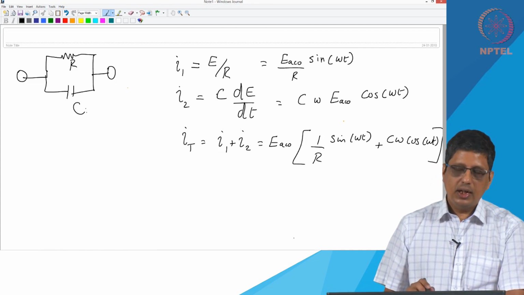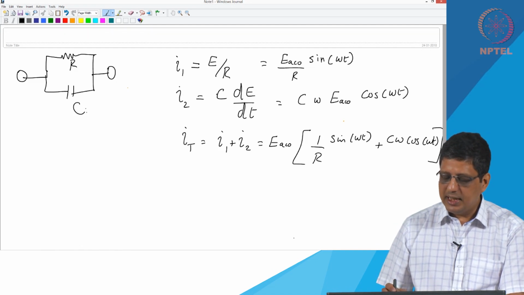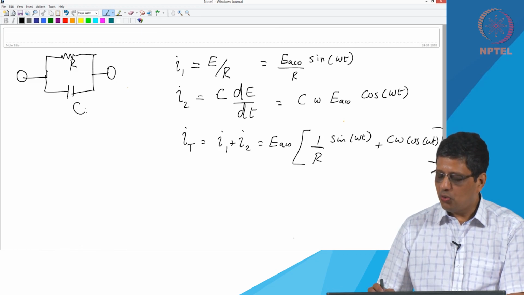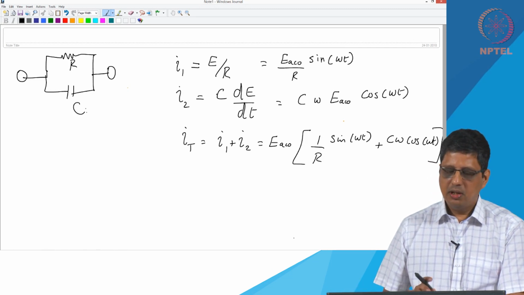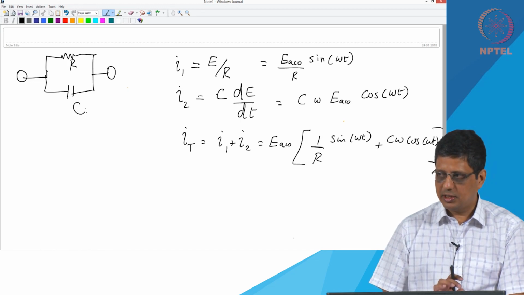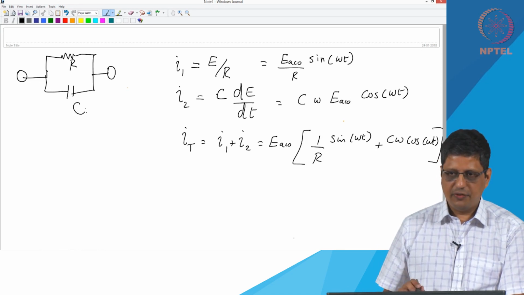Now, look at this, the magnitude of the impedance is going to be EAC 0 by IAC 0. Okay. That is going to be 1 by R plus C omega. It is going to depend on omega, because the capacitor has a current which depends on the frequency. The magnitude of the impedance is also going to depend on the frequency.